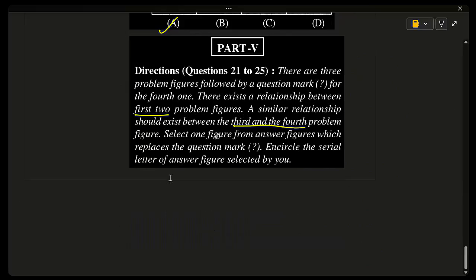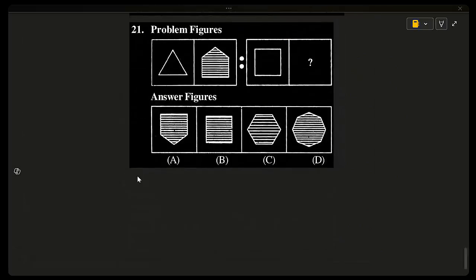So, 21st one. Yes, what is the relationship between the first and second one? First let us find the number of sides of the polygon, that is 3, and here it became 5. That means you are getting plus 2, right?